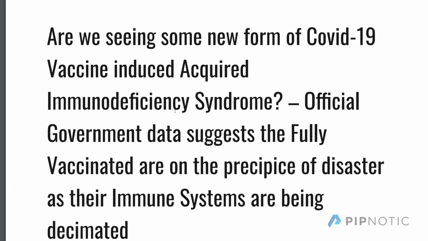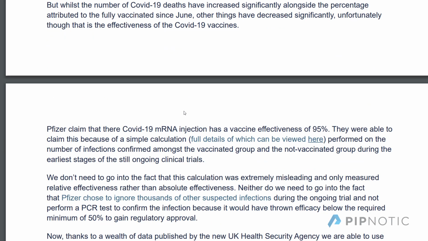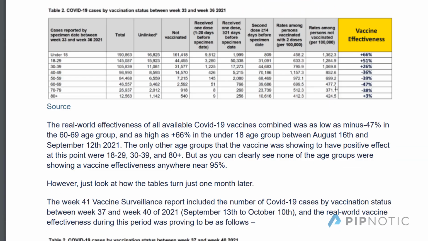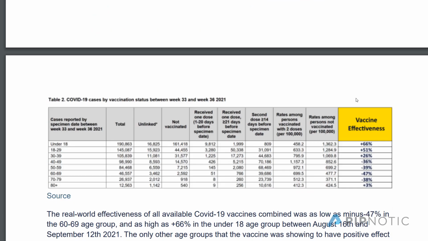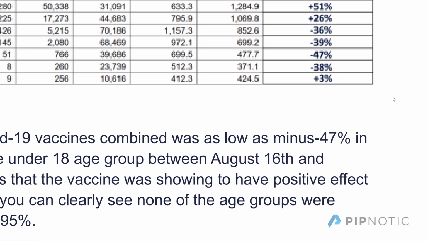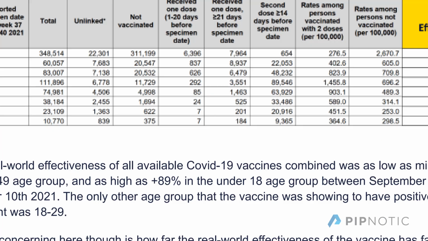There's this article that is based on a study of the data that is being published by the NHS in the UK. They're talking about the efficacy of the vaccine and how the vaccine itself is destroying the immune system. You can see the efficacy of it. Positive is good. What about these numbers here?